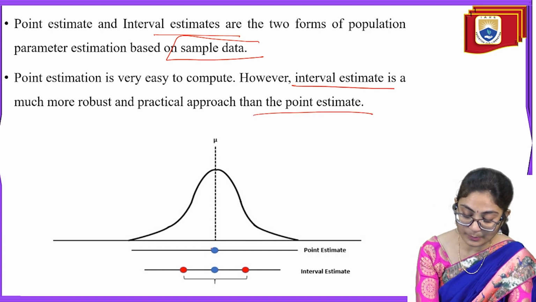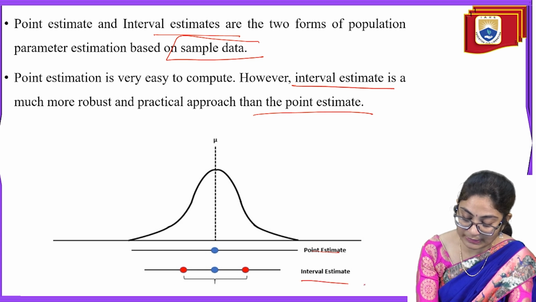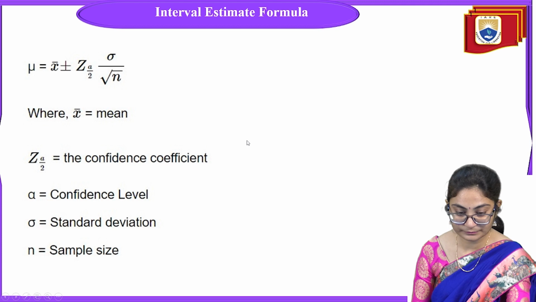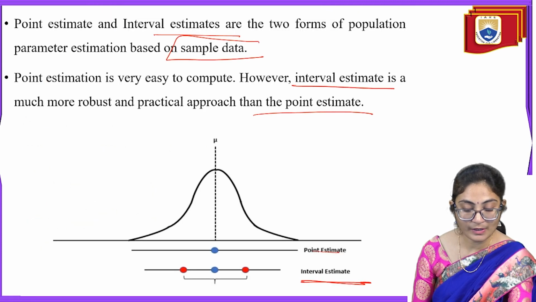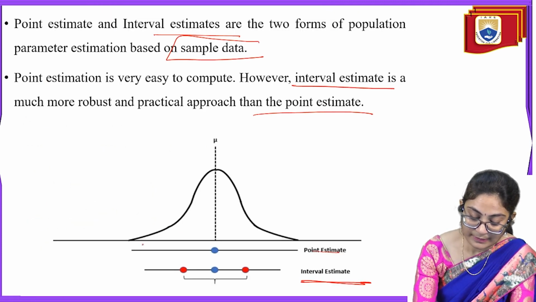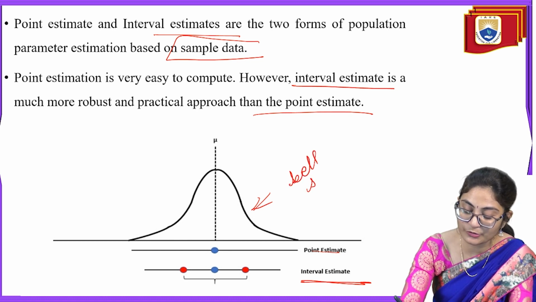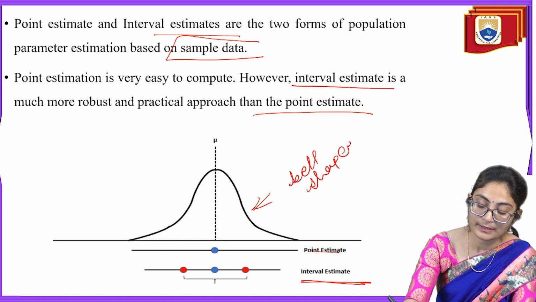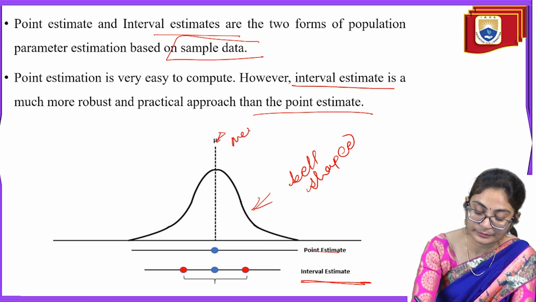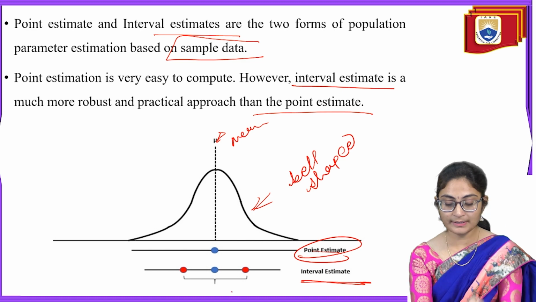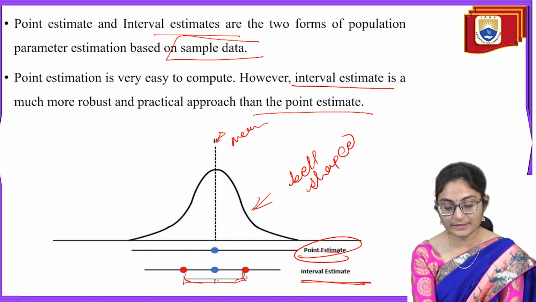This is your point estimate and this is your interval estimate. And this also we have shown in the bell shape. This is your mean, and this is your point estimate, and this is your interval estimate.